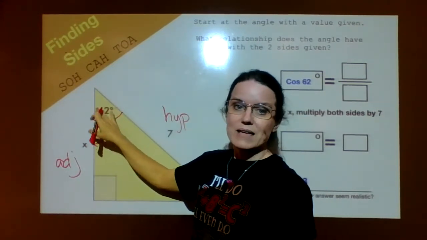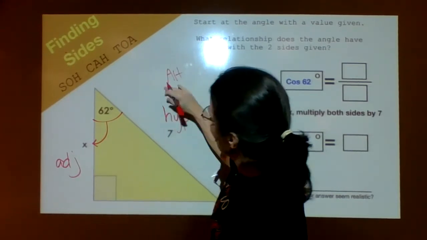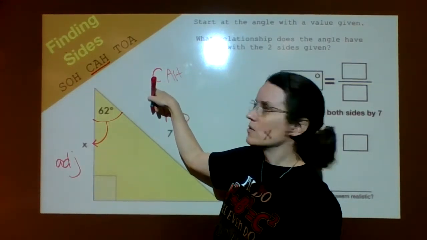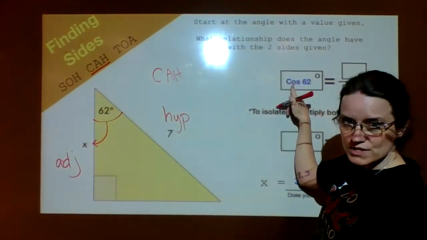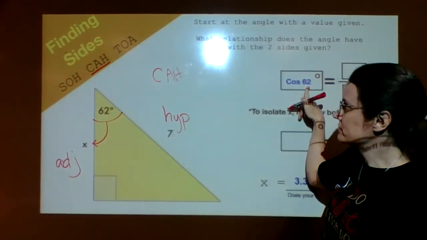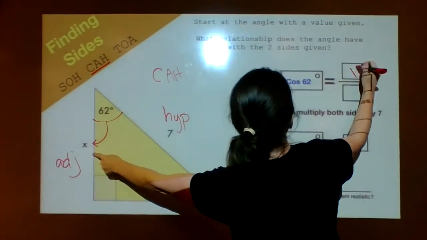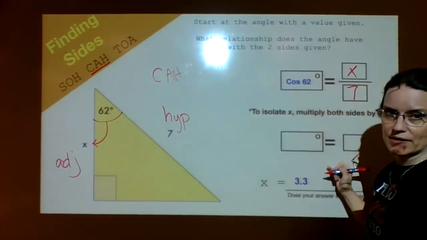Since I have an adjacent and a hypotenuse, that's my CAH, not my SOH. CAH starts with C, so I must be looking for my cosine relationship. So I'm looking for the cosine relationship that goes with my 62 degree angle. Cosine is adjacent over hypotenuse. So I'm going to have the adjacent being X and the hypotenuse being 7.